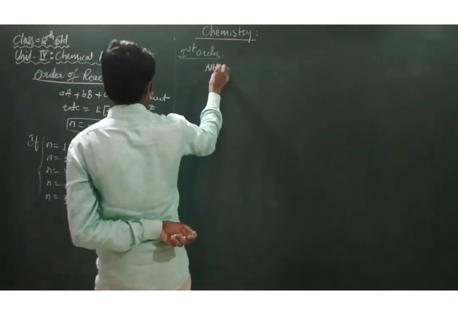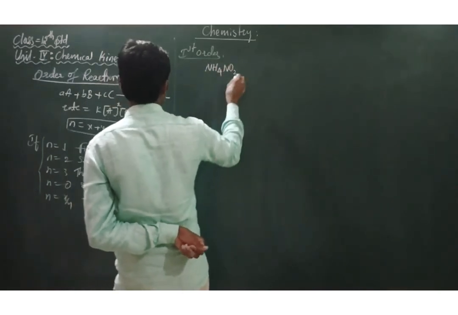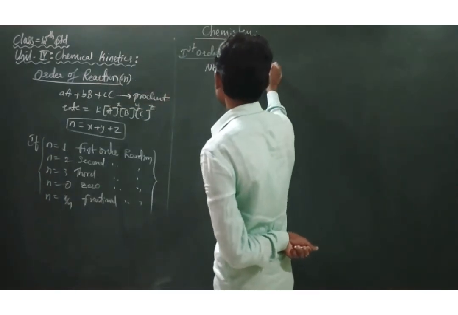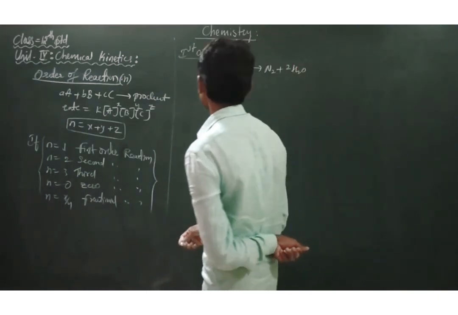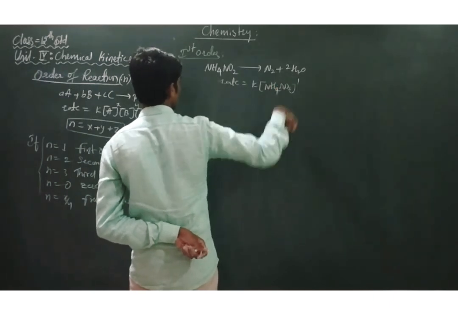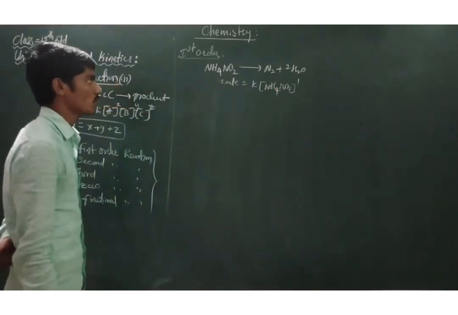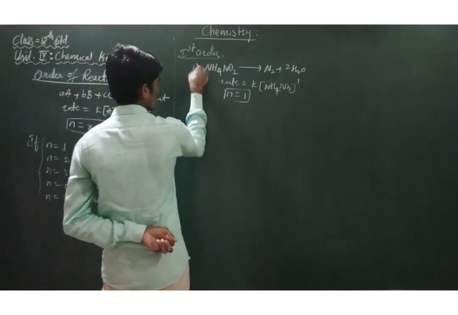Decomposition of ammonium nitrite, NH4NO2. If it decomposes, it gives N2 plus 2H2O. The rate depends on NH4NO2 to the power 1. So therefore order is equal to 1. Your first order reaction.